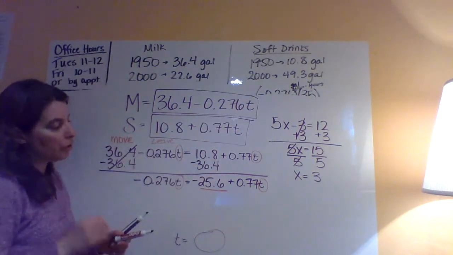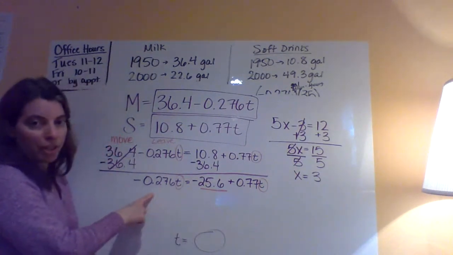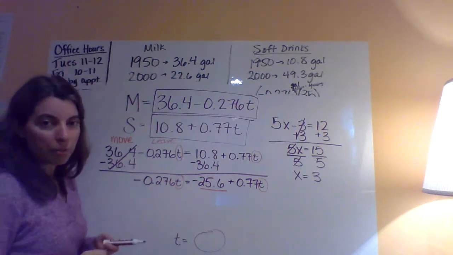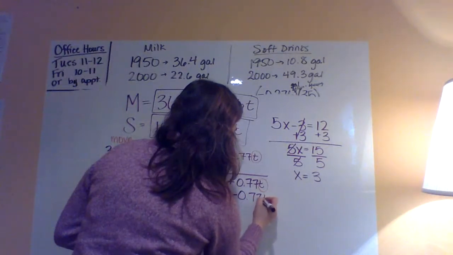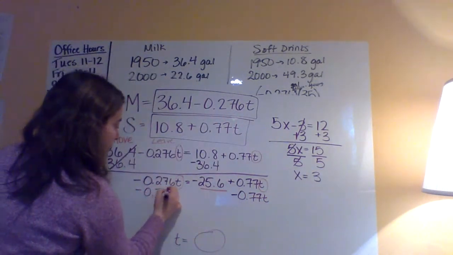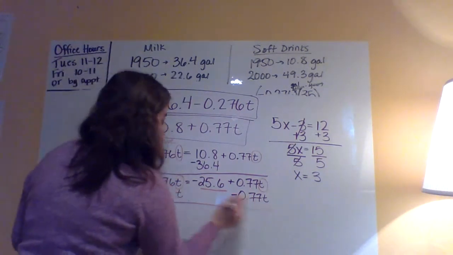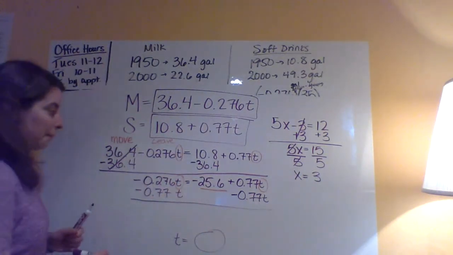Now I'm going to move this t over here because I want all the t's over here. So it's a plus 0.77t. I'm going to subtract 0.77t, and I'm going to subtract 0.77t here also. And I can do that because these both have t's in them. So they're like terms, so I can do that.